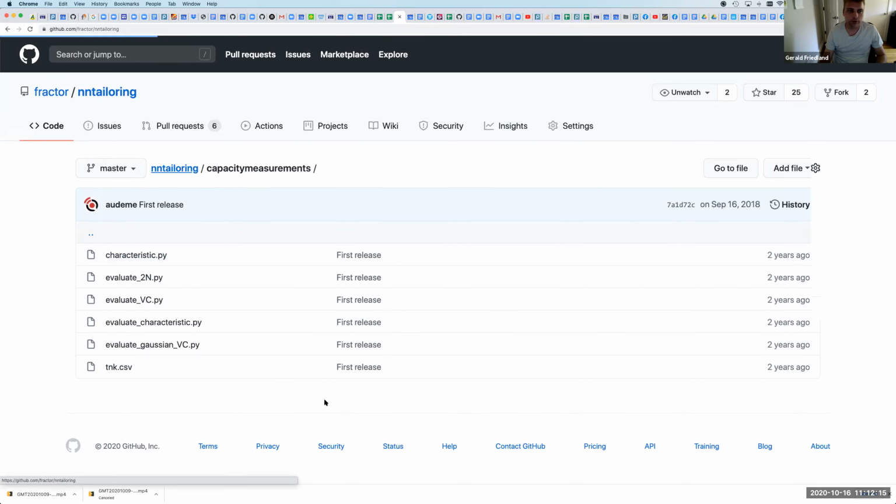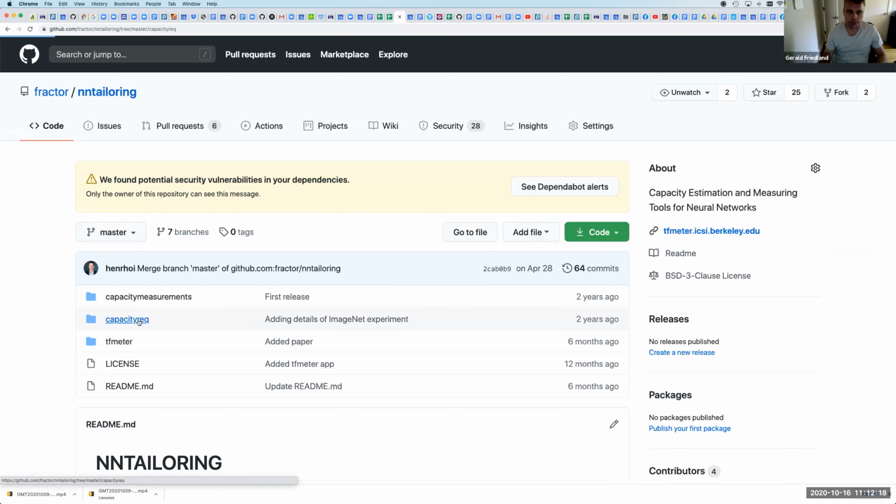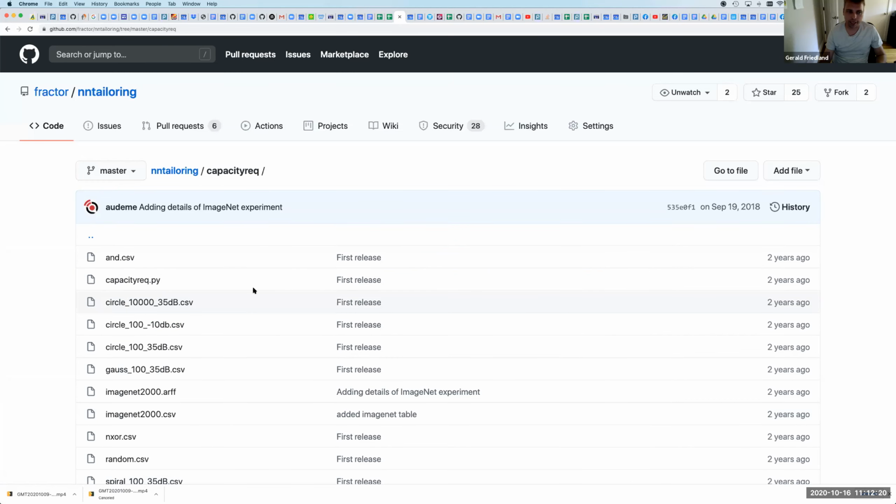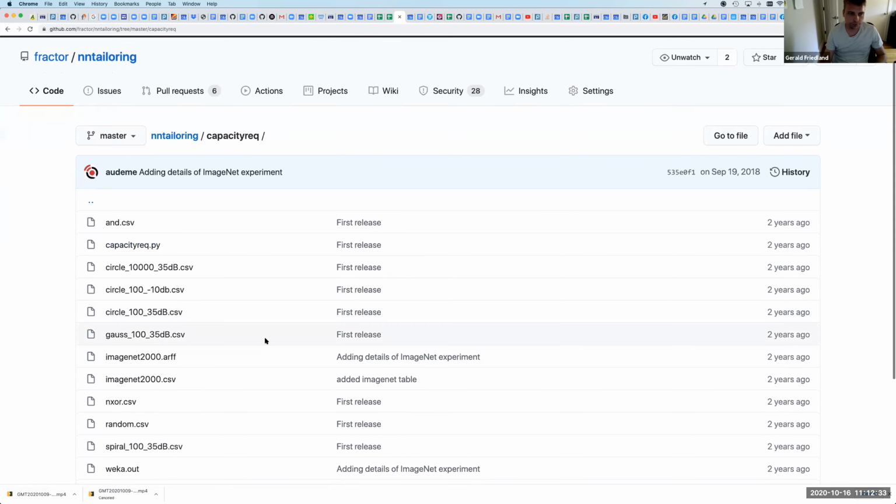Then, and this is probably much more what you need, there is the capacity requirement Python program. This is basically a program that will calculate all these numbers that you've seen, like the expected and the total memory equivalent capacity.